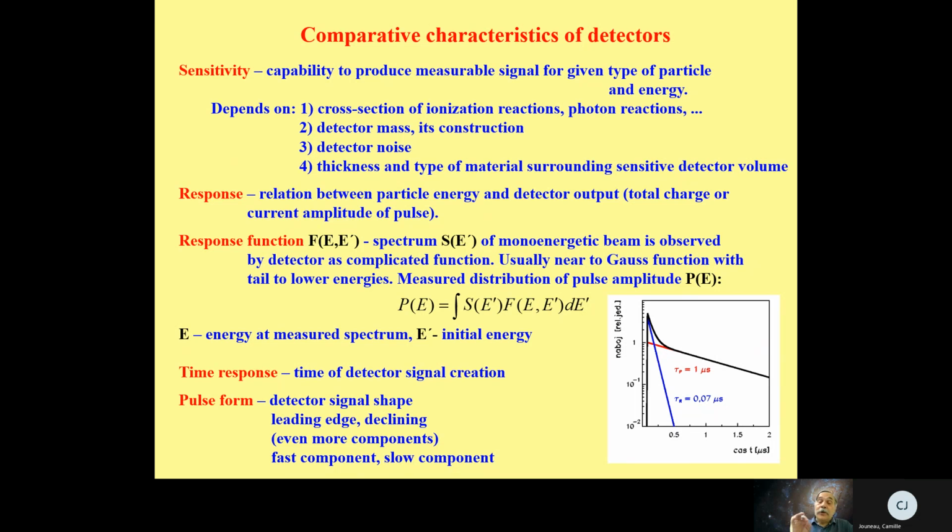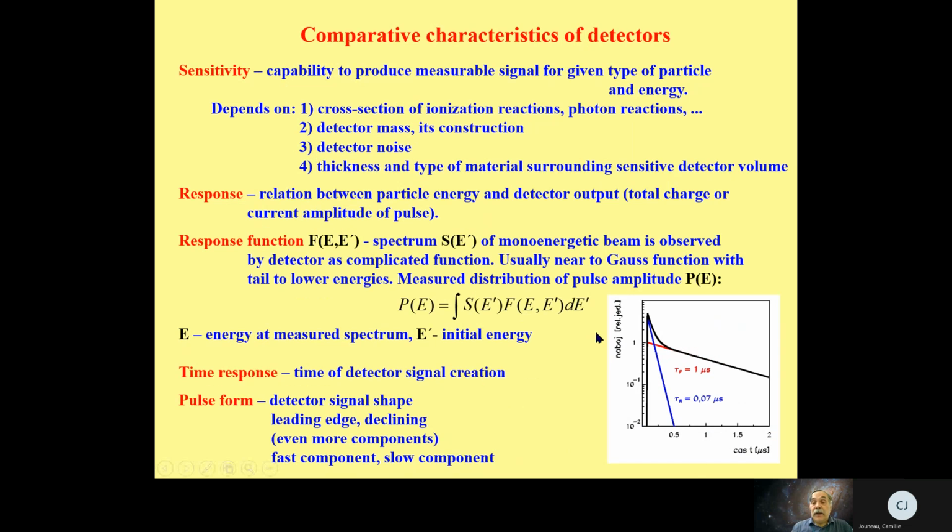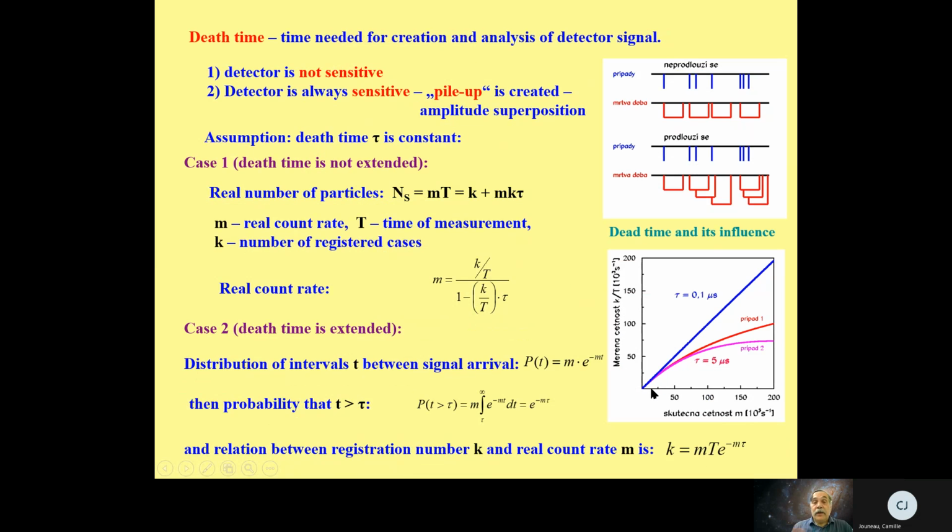Gammas produce electrons, and after that you have ionization, and the shape of the signal depends on this ionization. It is possible to use this pulse shape for distinguishing different types of radiation.